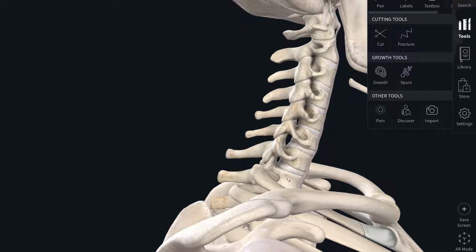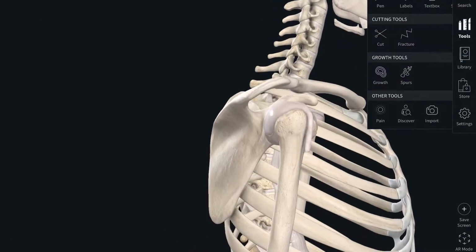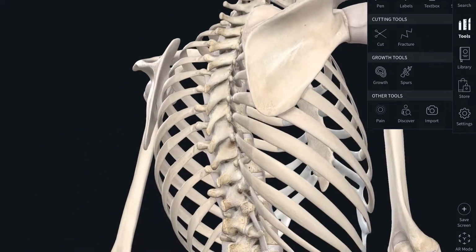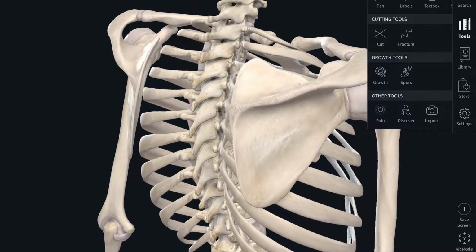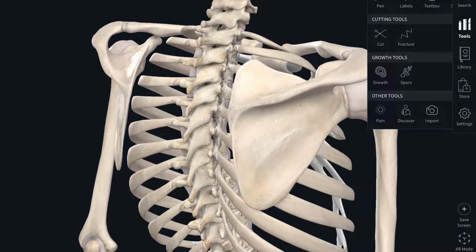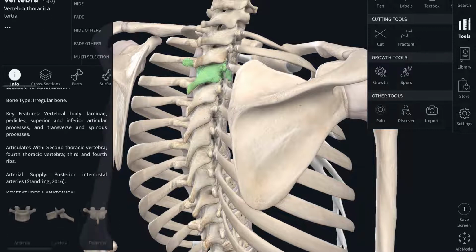Moving on to our thoracic vertebrae. There are 12 thoracic vertebrae in our spine, and these 12 vertebrae make up the kyphotic thoracic curve, and they are intermediate in size.